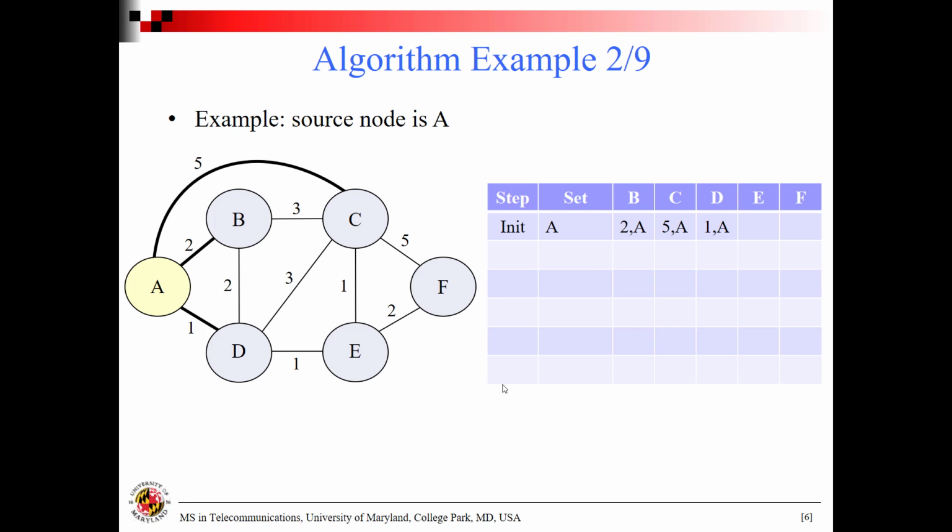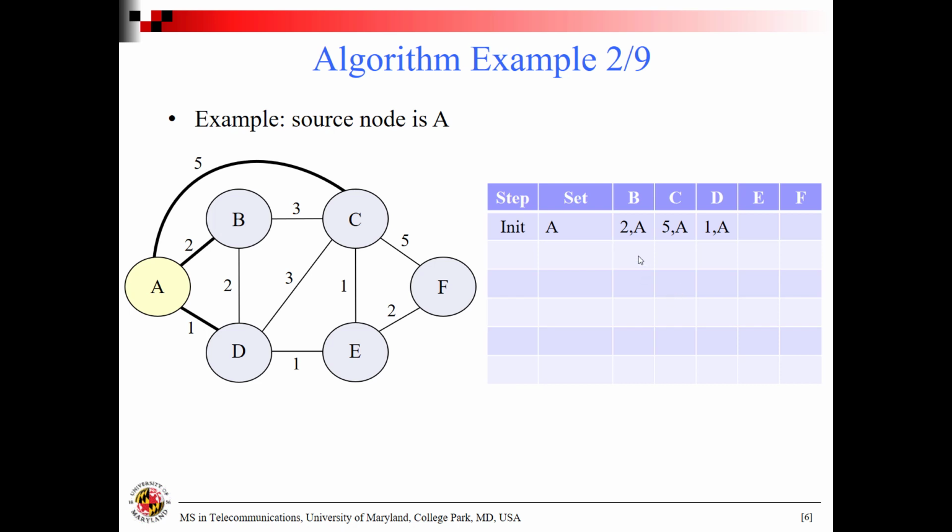So we obviously cannot add node A anymore. So our choices are B, C, D, E, and F. And we have to pick the one that has the minimum current best cost counting from the source node.